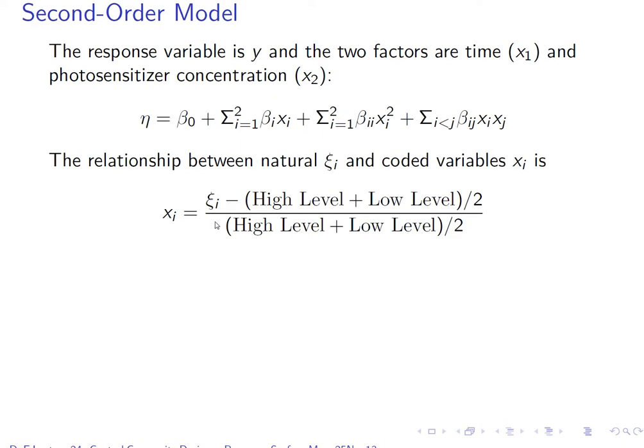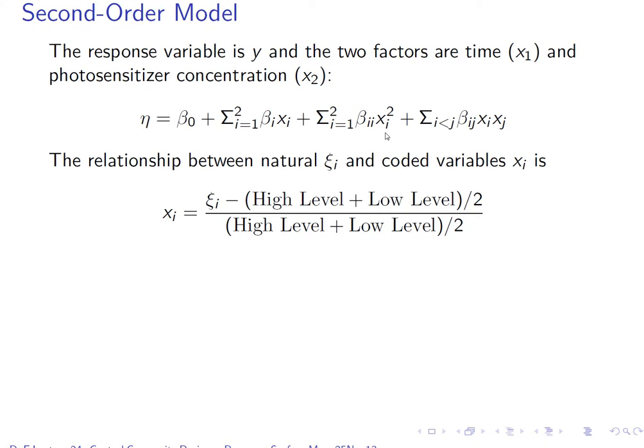So here's the second order model, or another way of representing the second order model. So x1 and x2 are time and photosensitizer concentration. And so here's the intercept term. This is the normalized response variable. This summation, from 1 to 2, represents the first order term, what was called FO in the RSM package.